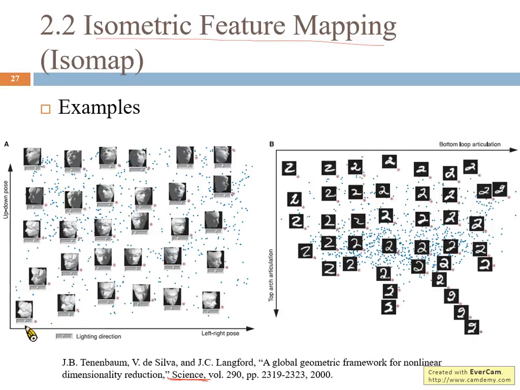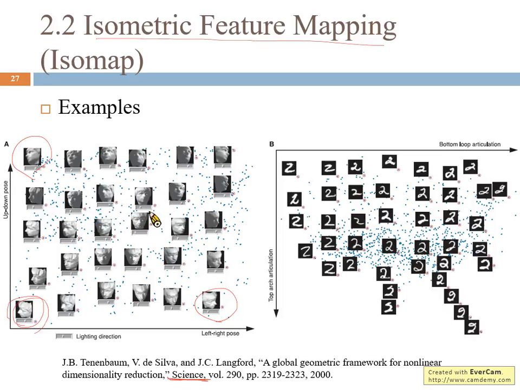Here we can see this person's left face, and here we can see this person's right face. And from bottom to top means the up-down pose. Here we capture from the top of the head, and here we capture the statue from the bottom of the head.